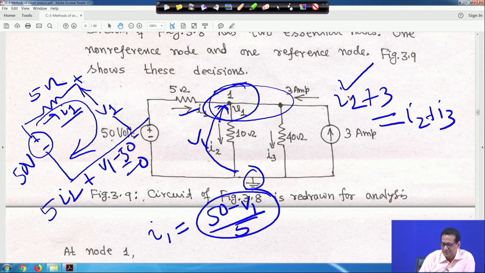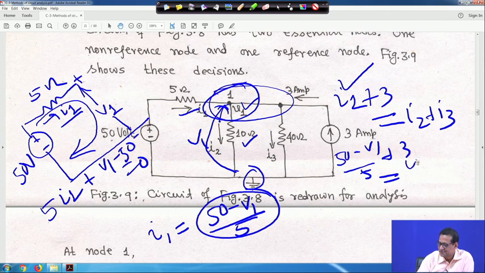So, this is your I1. Here you put I1, so (50 minus V1) by 5 plus 3 is equal to I2. I2 is equal to V1 by 10, because this is V1 voltage and this is a 10 ohm resistance. Reference voltage is 0, basically (V1 minus 0) by 10, that is V1 by 10. And similarly, I3 is also at the same node, node 1.